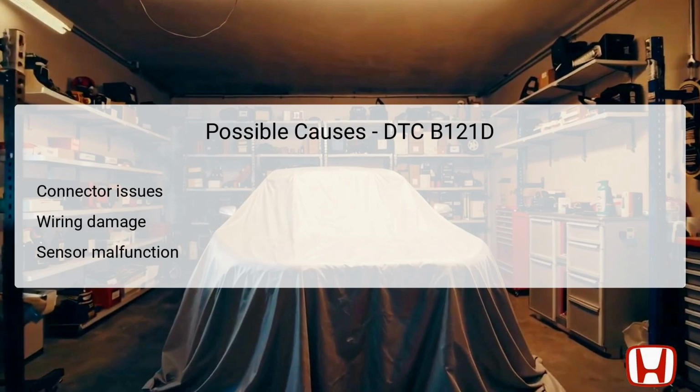Frayed or broken wires can disrupt the sensor's power supply or the transmission of data. Additionally, the sensor itself can malfunction due to wear and tear, which can prevent it from providing accurate readings or communicating effectively with the climate control unit. Each of these issues needs careful examination to determine the root cause of the communication error.